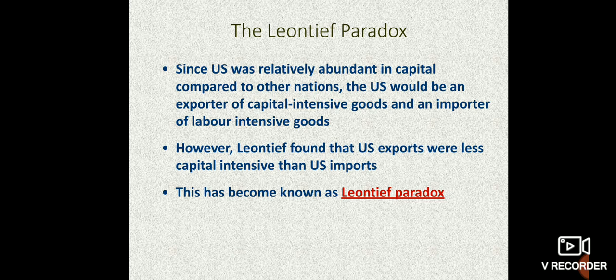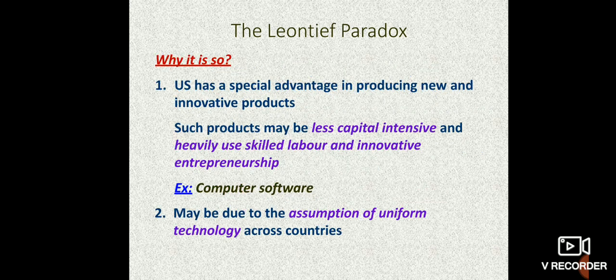However, Leontief found that US exports were less capital intensive than US imports. The US exports more labor oriented goods. This is the observation of Leontief, known as Leontief's paradox. Paradox means opposite argument. Why is it so? Let's see for what reason this happened.